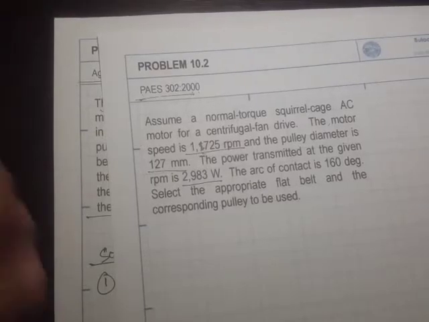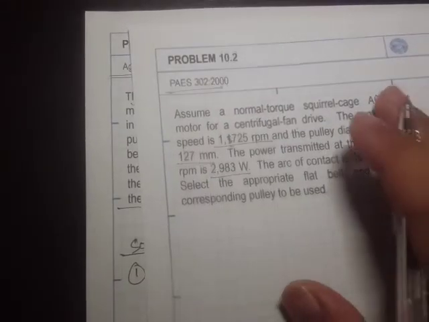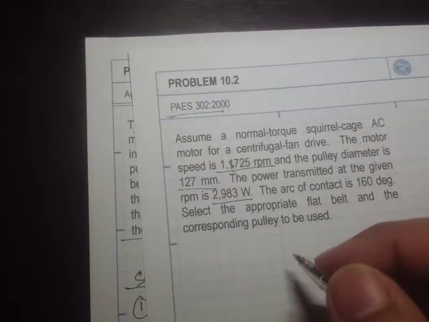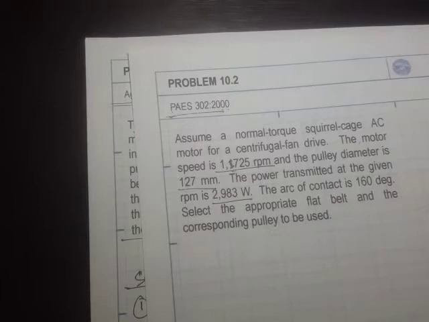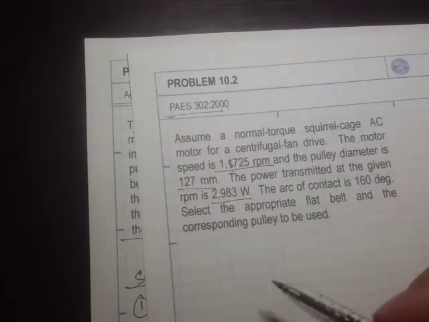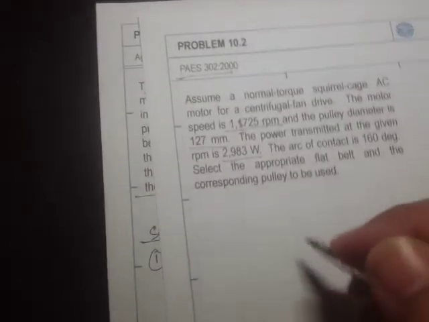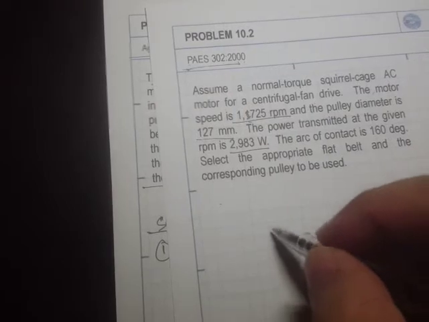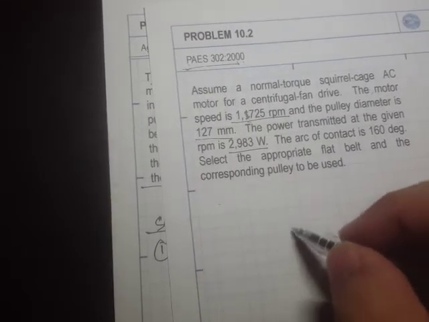However, I just would like to make some changes right here, because I think we also need some values for the center distance and also the speed of the fan, because usually, here's the centrifugal fan.